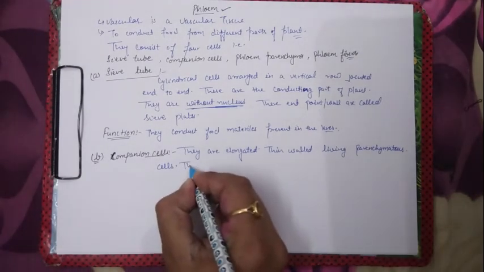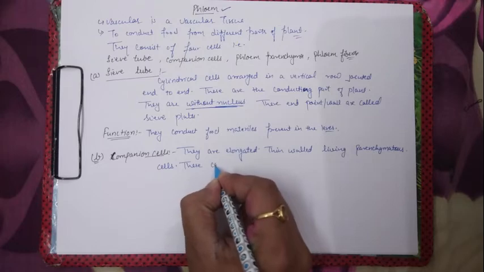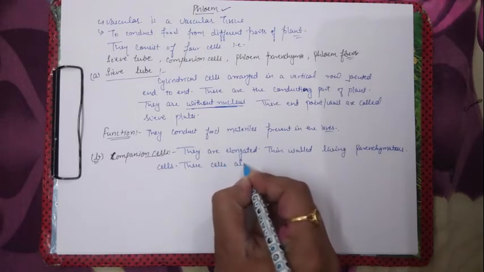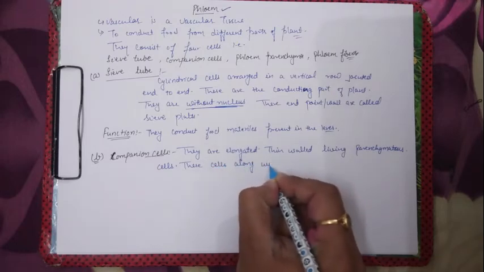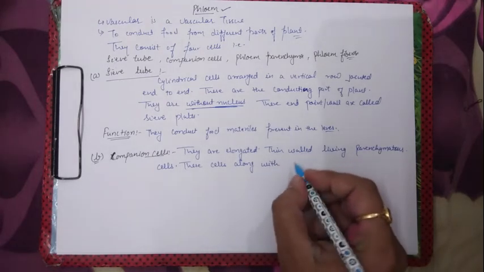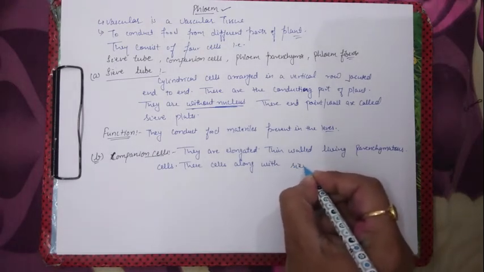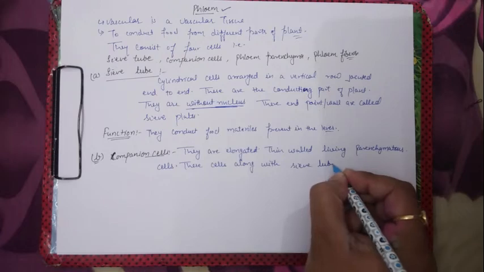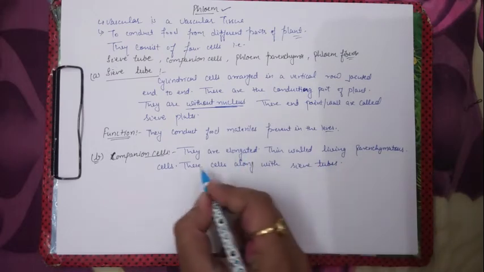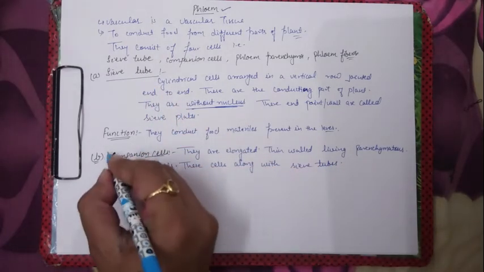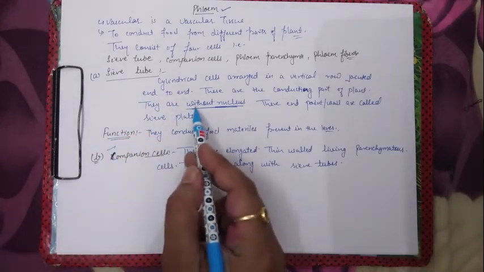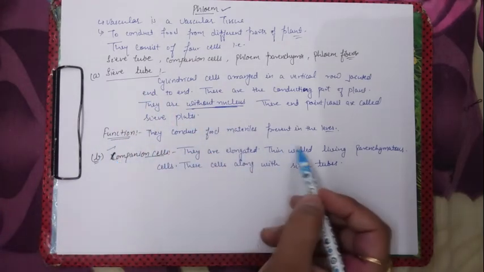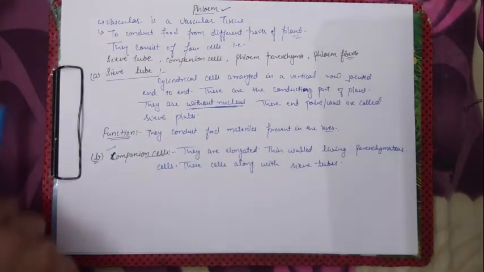These cells work along with sieve tubes. All functions of sieve tubes are conducted by companion cells because sieve tubes are without nucleus, but companion cells are living cells.